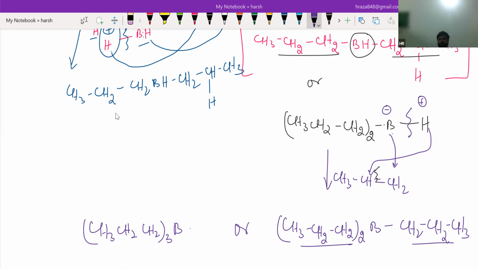There is a last step and you will get the product. But always apply anti-Markovnikov as I applied in the previous method for the same question.